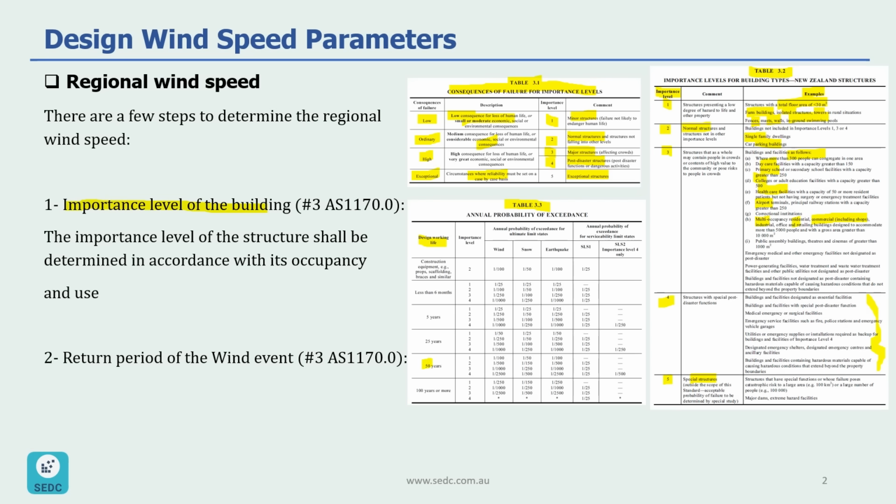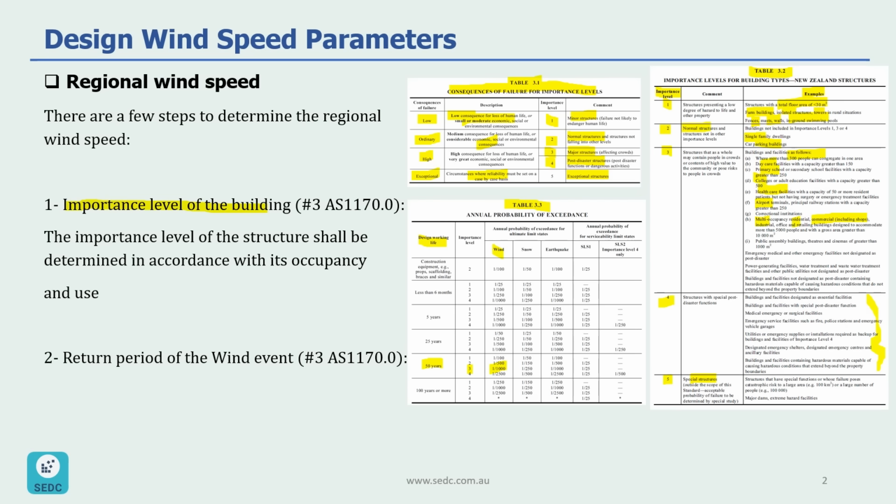Usually we have 50 years, unless we have a very special structure. So in this example, we have a 50 year design working life, and our importance level is 3. So for the wind case, the annual probability of exceedance would be 1 over 1000. This means our return period is 1000.